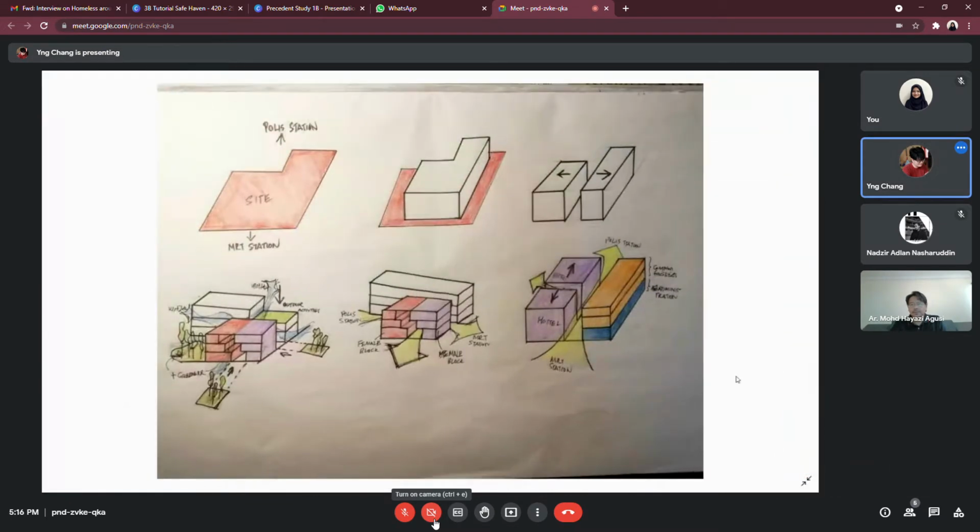Okay, so your yellow axis, I take it as your axis. The MRT station I can understand, but when you want to go to that police station, there's nothing there, because at the moment there is a fence dividing the open car park from the police area where they keep all these cars which were in accidents.